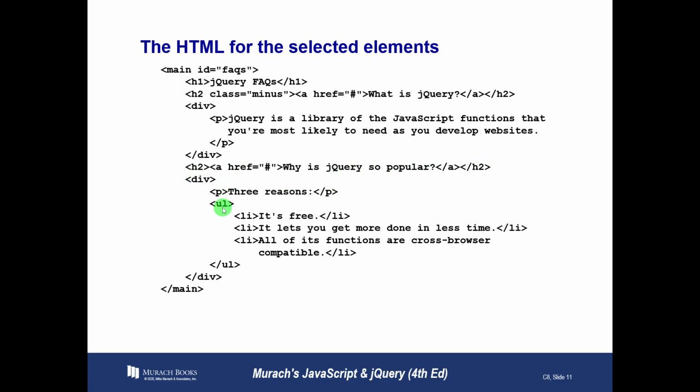We have a paragraph, an unordered list with some list items in it. And then that's the end of our page, or the main section of our page anyway. And now we're going to see some examples of selecting some elements out of this page. So if you're confused, you can go into the book and look at this page, but it's really similar to what we've seen already, so it shouldn't be anything new.